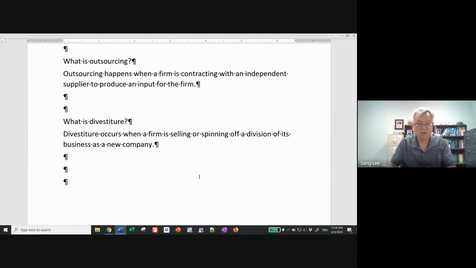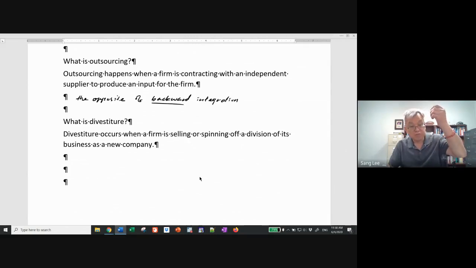And indeed, outsourcing is the opposite of backward integration. Okay.